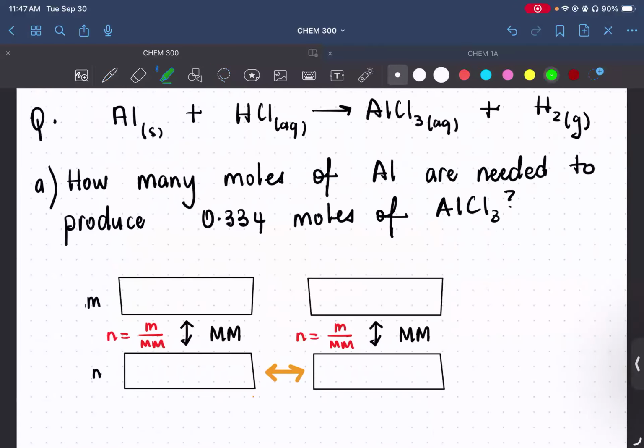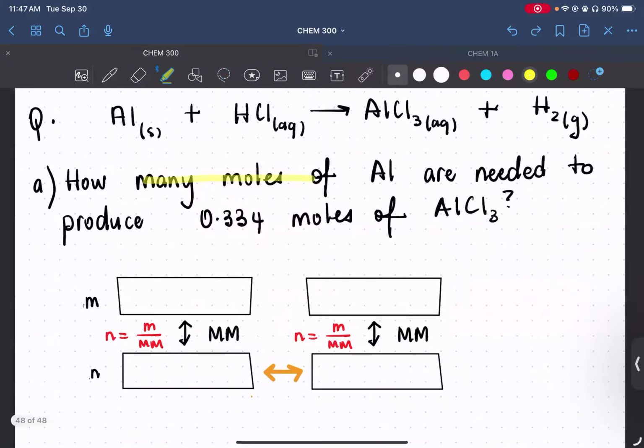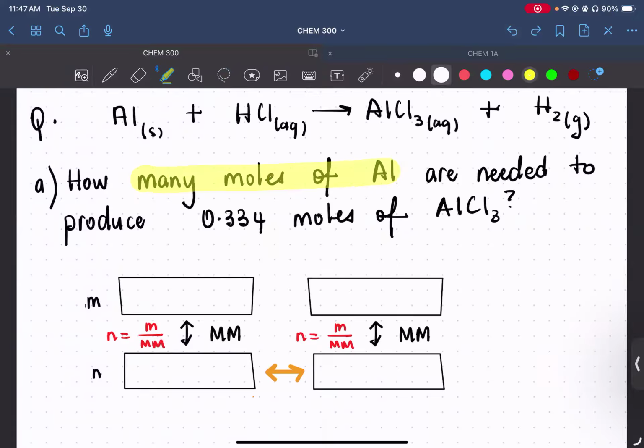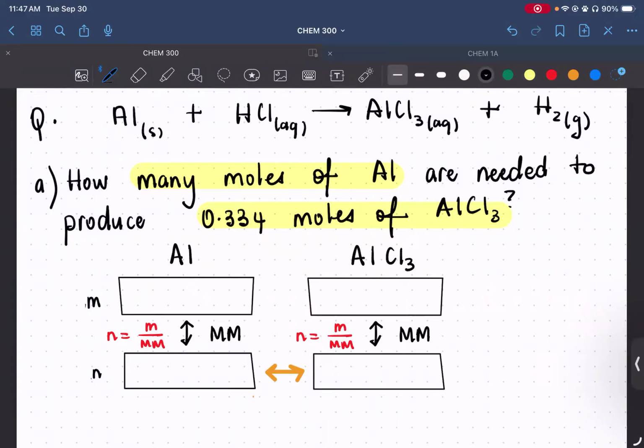All right, based on the question at hand, we are comparing aluminum to aluminum chloride, so chemical X, chemical Y, aluminum, and aluminum chloride. It does not matter left or right. You could have chosen to put AlCl3 on the left and Al on the right.